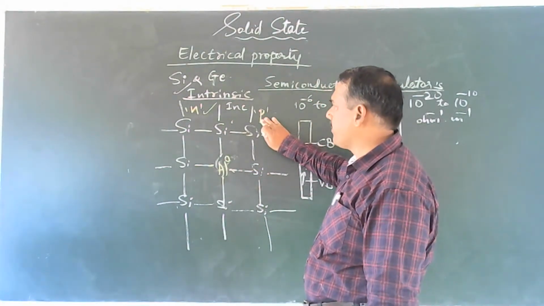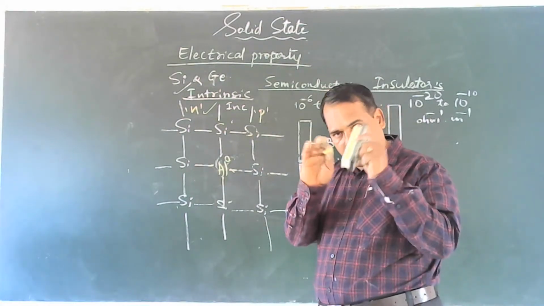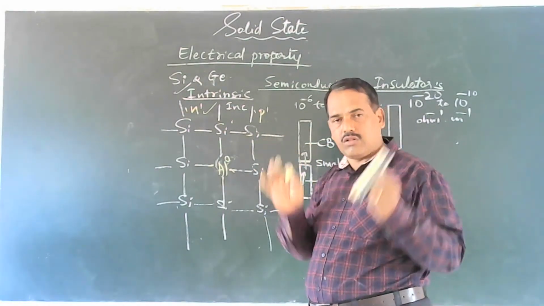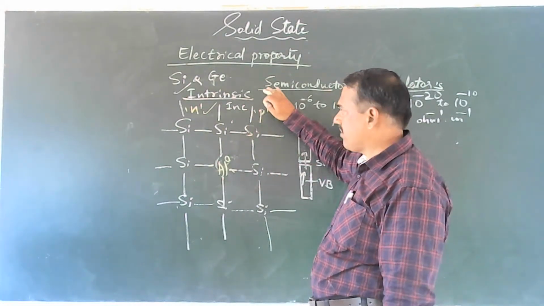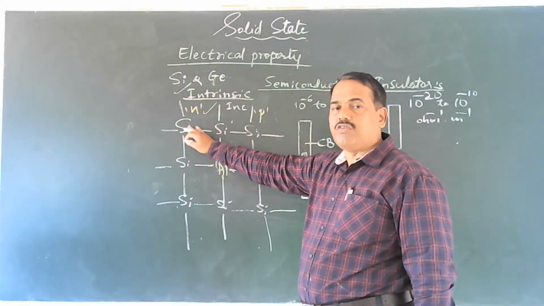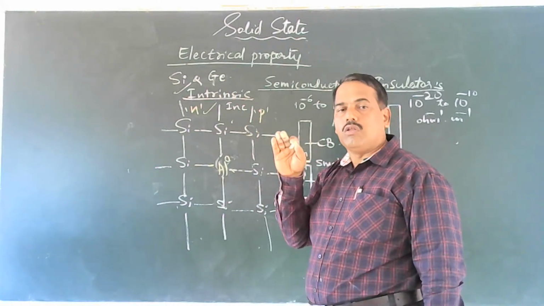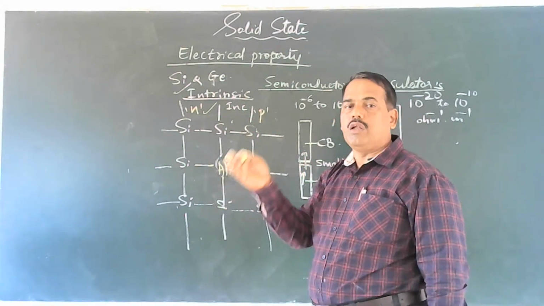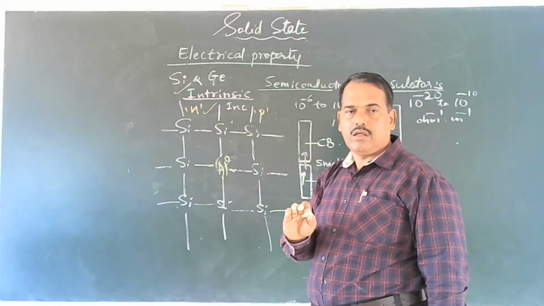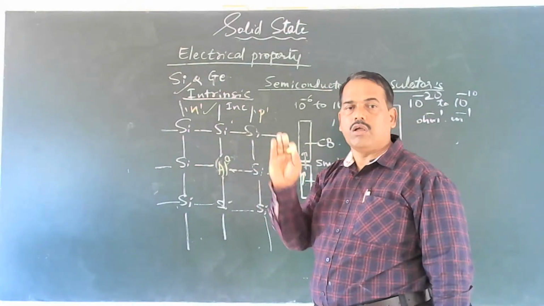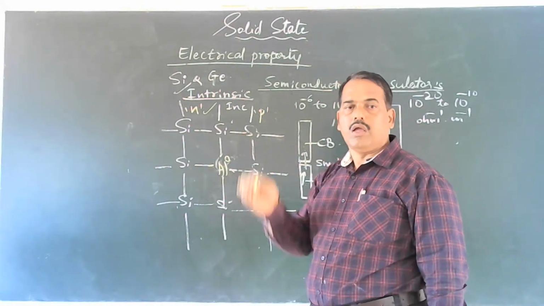In this P-type semiconductor, the electron deficiency we can find. Whatever hole is created, it is responsible for passing the current. And we have 2 types of extrinsic semiconductor. Those are N-type, which is formed by a pentavalent impurity. Adding an impurity to semiconducting elements like silicon to increase its conductivity is called doping. If doping is done by 15 group elements, it is called an electron-rich semiconductor, and the formed semiconductor is called N-type.